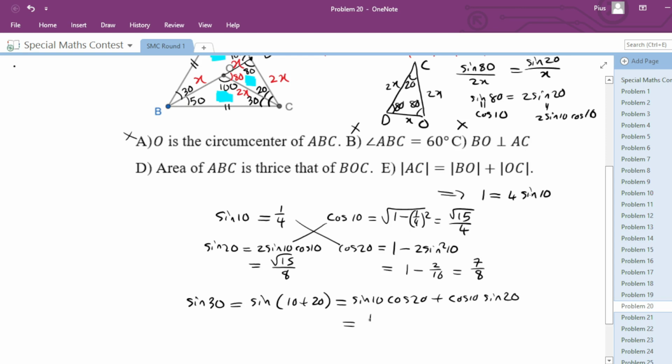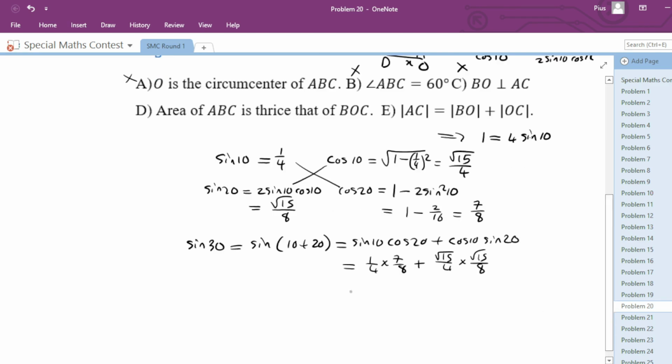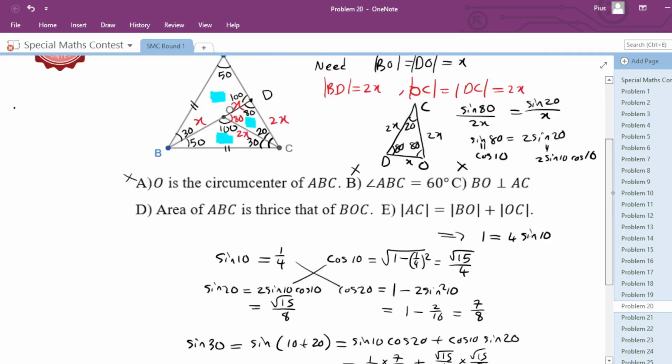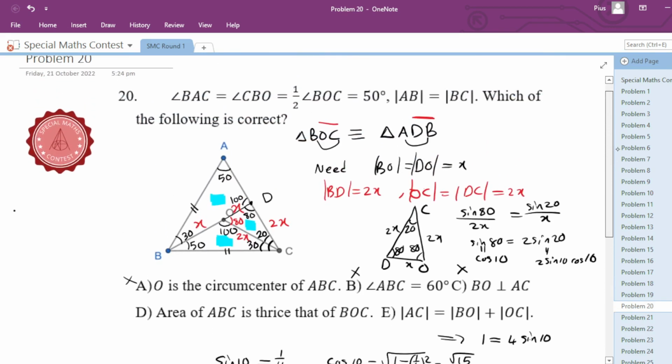So we have 1 over 4 times 7 over 8 plus root 15 over 4 times root 15 over 8. This is 7 plus 15 over 32, that's 22 over 32, which is clearly not equal to the expected answer, half. So finally we can be sure that this is not correct.